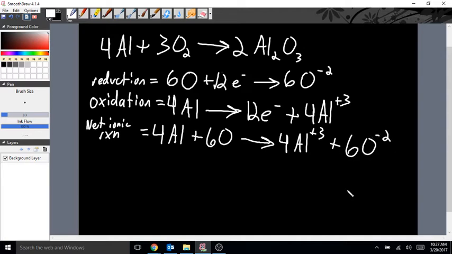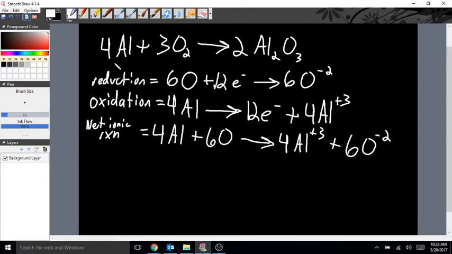All right. And here we can do some math to figure out that these are going to combine, when you crisscross them. For each formula unit, we're going to have 2 aluminums and 3 oxygens. And altogether, we're going to end up with 4 aluminums and 6 oxygens, which, looking back here, we can see.